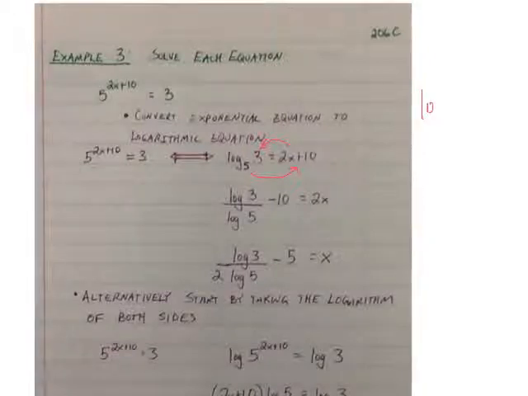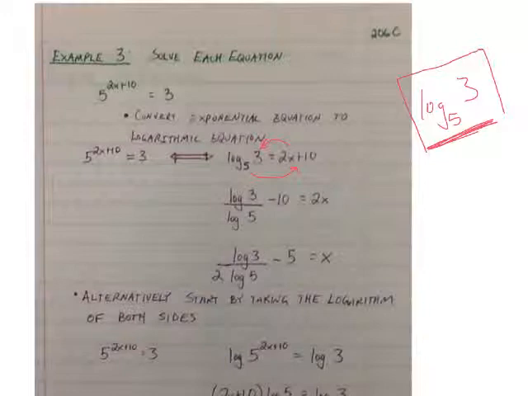Normally log base 5 of 3 you could not type into a calculator, so people would convert the base. You're able to do it now, but if we wanted to get an exact value, I like to have it converted to base 10, which you can see I did here.